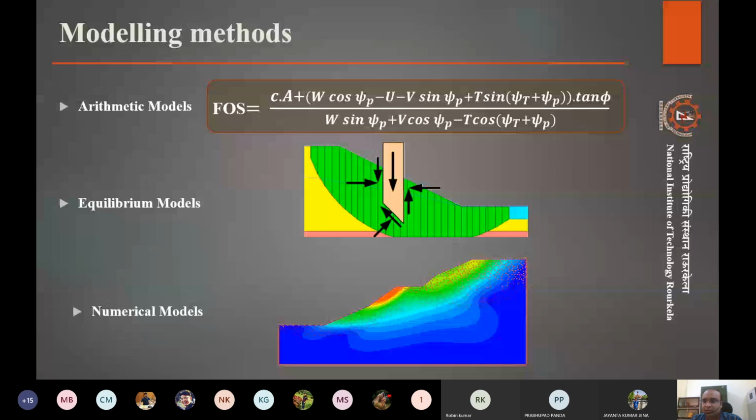So a numerical model will basically combine two things. One is the physical geometry of a material, and the second is the numerical equations which define any physical phenomena happening in that geometry.